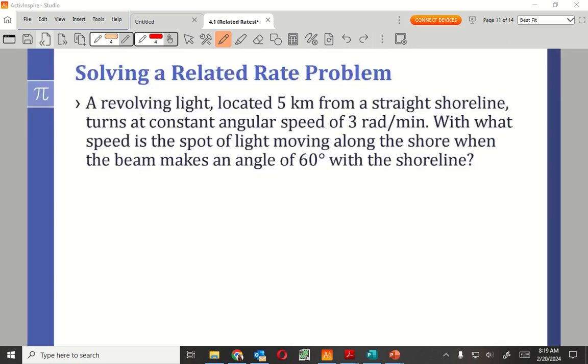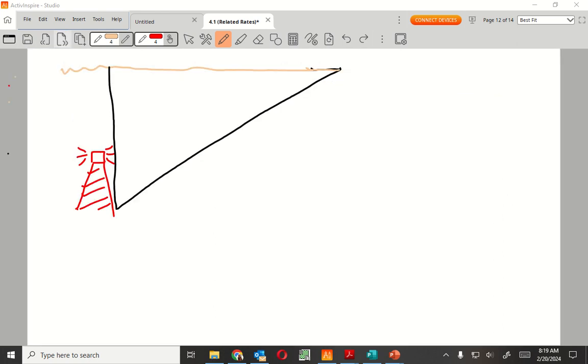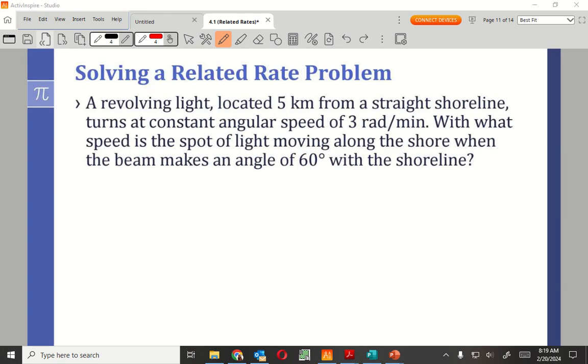Let's see. 5 kilometers from a straight shoreline, right there. Turns at a constant angular speed of 3 rad per minute.